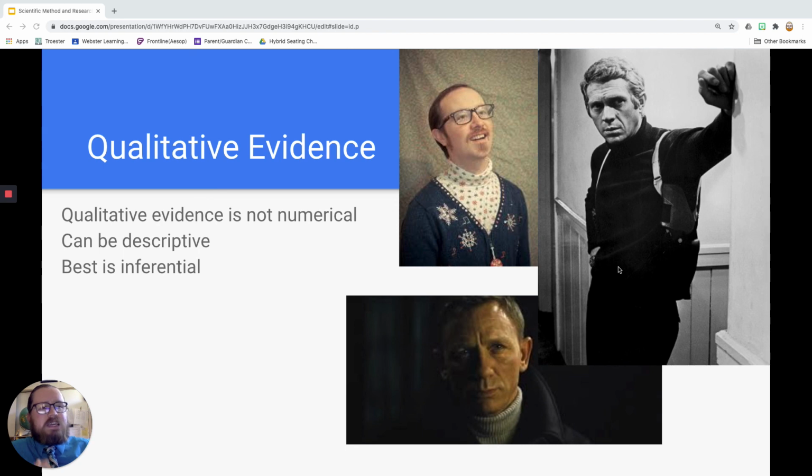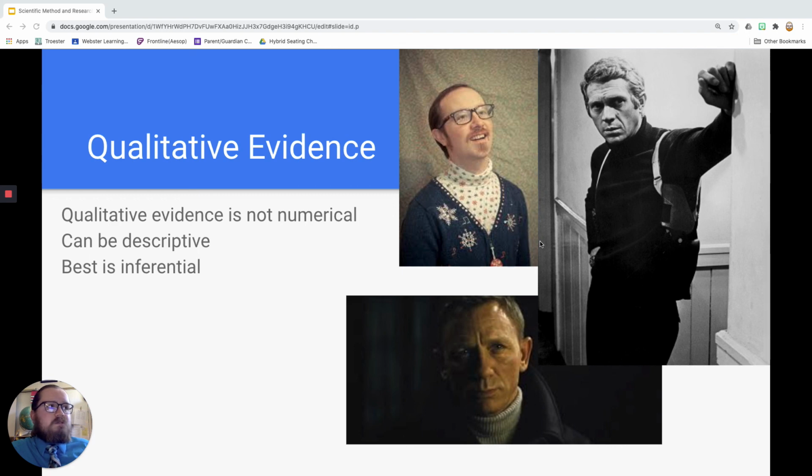And to help understand both inference and also the importance of qualitative data and how sometimes it's necessary instead of quantitative data, let's look at these three gentlemen in turtlenecks. If my question is, why can these two guys pull off the turtleneck look, and this guy, let's be honest, pretty clearly cannot?